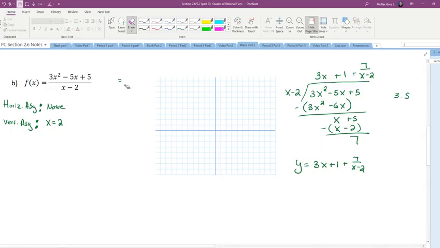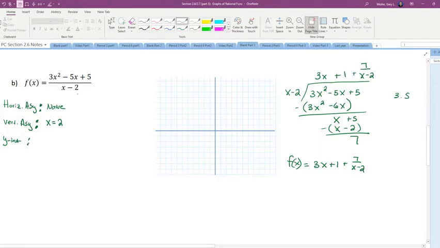If I were to make a table of values right now, using the given f of x over here, or this simplified f of x, we should get the same values. And we could test that to find out. Let's just plug in one number to see that it's at least seemingly true. If I plug in 0, I need to find my y-intercept anyway. So let's find our y-intercept using both functions.